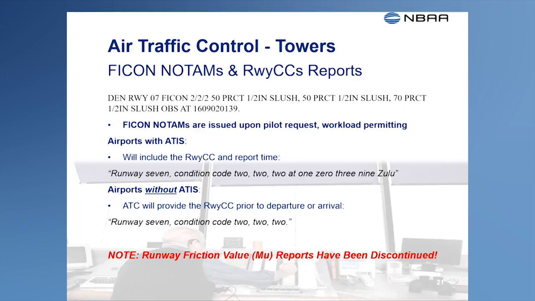While the runway condition codes alone may be adequate to perform your landing assessment calculation, the full FICON to include contaminant type and depth is required to appropriately account for the effects of runway contamination on takeoff performance. With the introduction of runway condition codes, FAA has discontinued disseminating runway friction value reports to aircraft. Therefore, pilots should no longer expect to receive mu values for a runway.